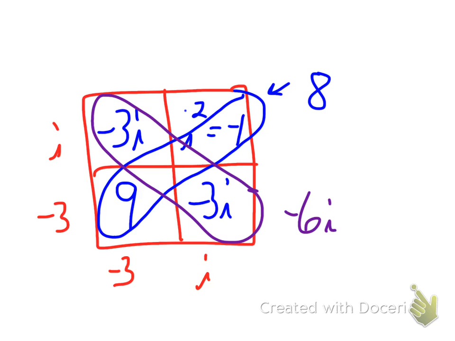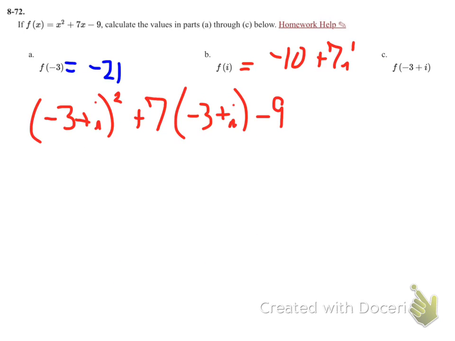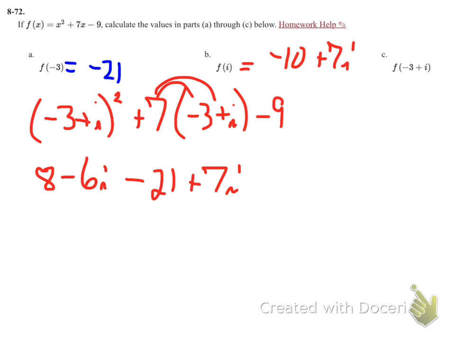So now I'm going to rewrite this problem. Eight minus 6i, I'm going to distribute, so -21 plus 7i minus 9. So again, just to be clear, that was the result from squaring this.